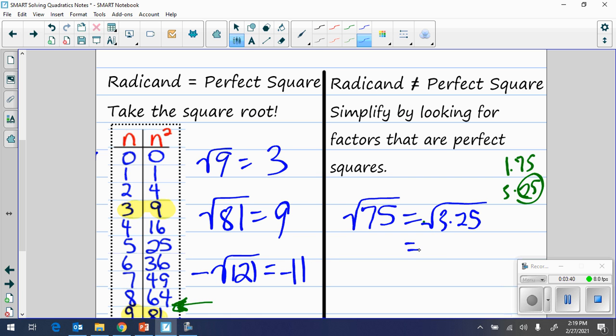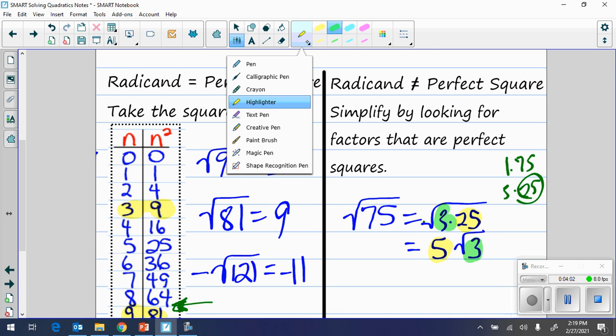The square root of 25 is 5, and the square root of 3 stays. So my answer is still exact, but I pulled out this perfect square. The 3 is not a perfect square, and it's prime, so there are no perfect squares hidden in there. So it stays under the square root.